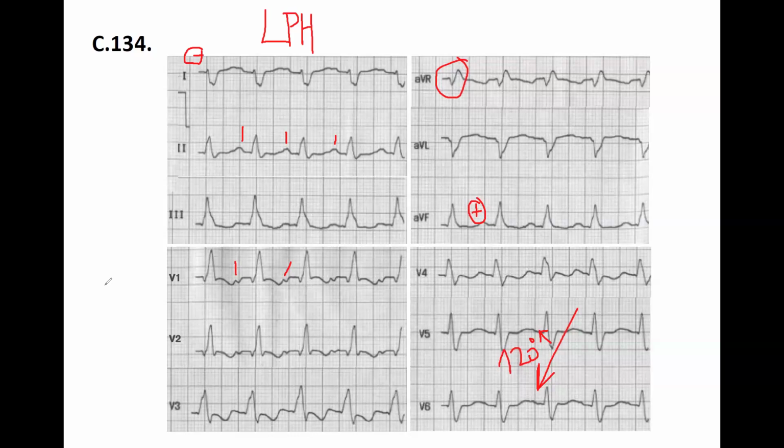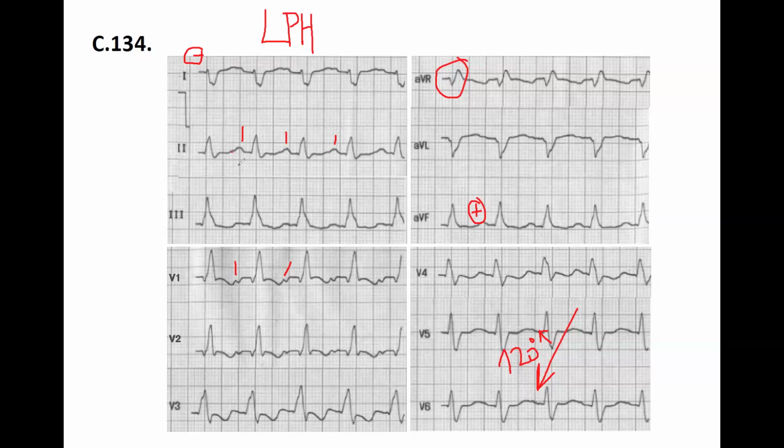Lead number two or V1? Okay, so P waves only in lead number two and V1? No, everywhere you can look at the P waves. But these are the two places where you can see them much easier. So in lead number two it's positive and in V1 it's negative.